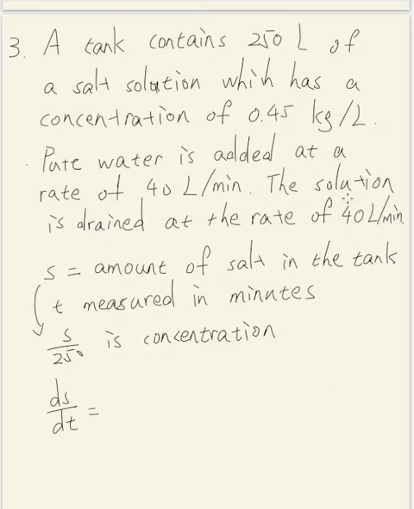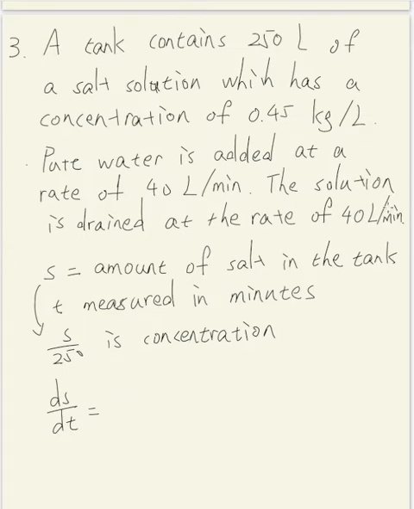So the amount of salt in the tank will decrease continuously because there's no salt being added to the tank, and the solution drained contains salt. So that means the amount of salt is monotonically decreasing.